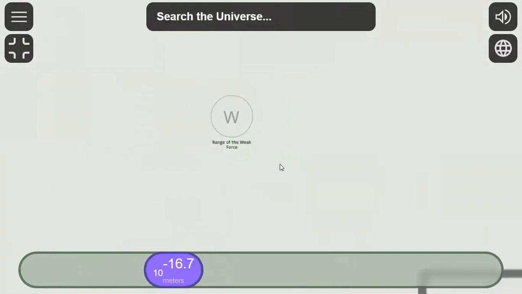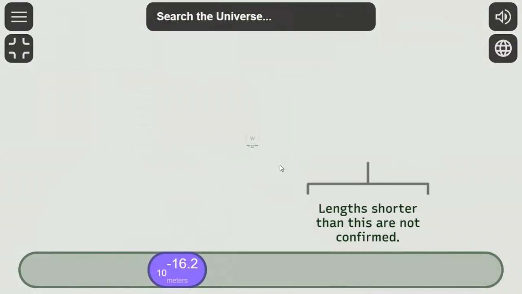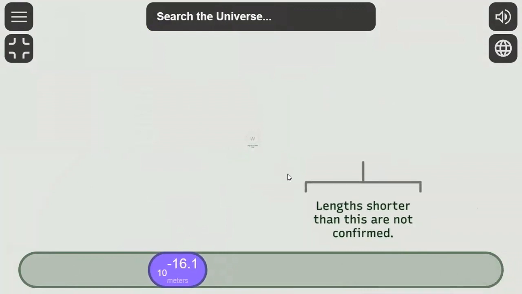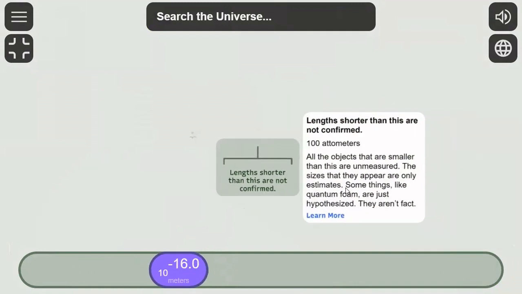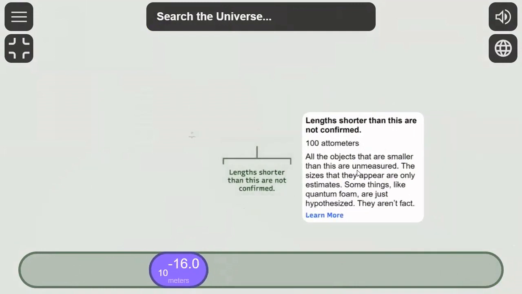Wow, it is about 10 raised to the power minus 16.7. Then lengths shorter than this are not confirmed. It is about 100 attometers. All the objects that are smaller than this are unmeasurable. Wow.